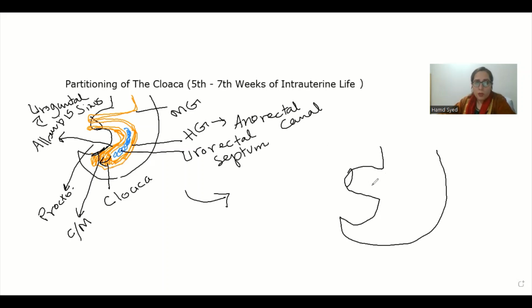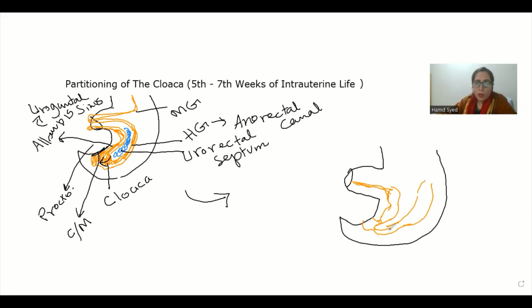The allantois, which was initially a narrow structure, now has its upper part dilated, and the lower half is only narrow and is entering the cloaca. Whereas the hindgut has also dilated and is entering the posterior part of the cloaca.